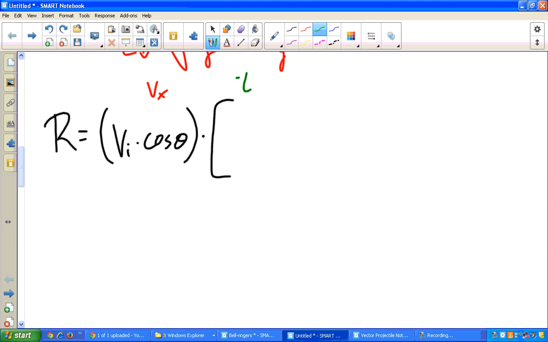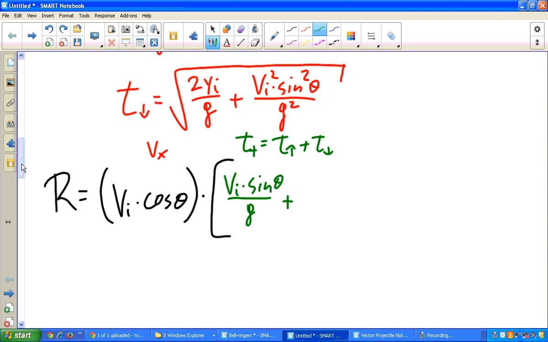I'm going to write time total, which equals time up plus time down, just to remember. My time up was VI sine theta over g, plus my time down, I'm going to scroll up just to have it, plus the square root of 2y initial over g plus VI squared sine squared theta all over g squared.